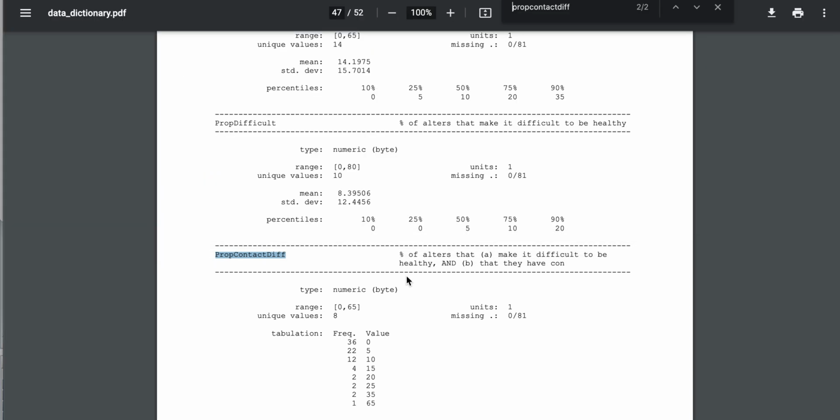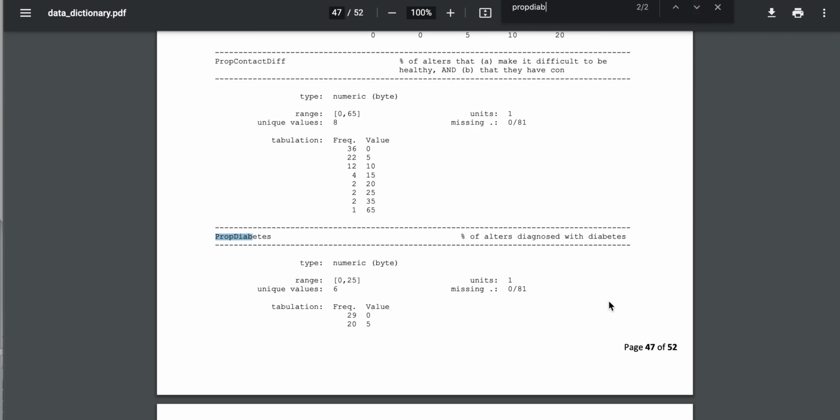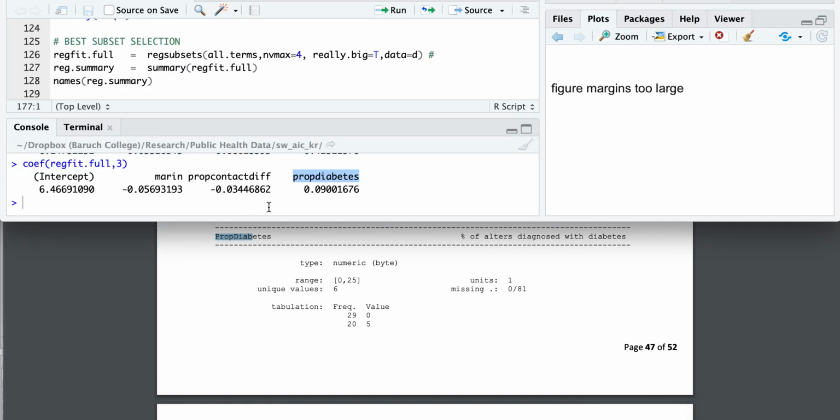And we have prop diabetes. If you live with people who have been diagnosed with diabetes, that also increases the chances of increasing the HbA1c.